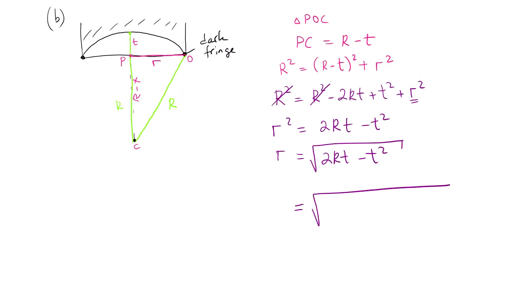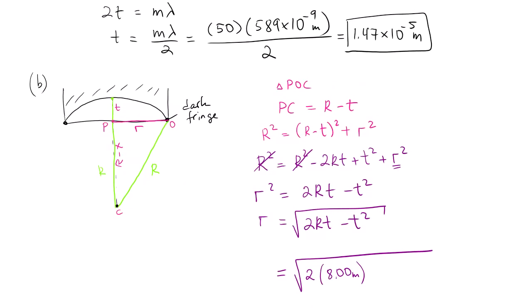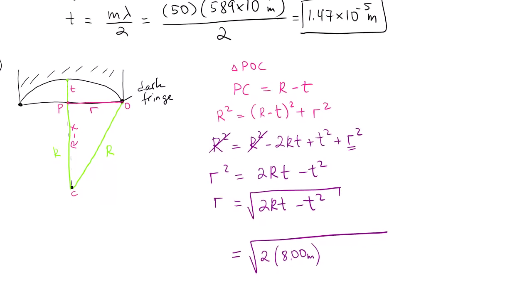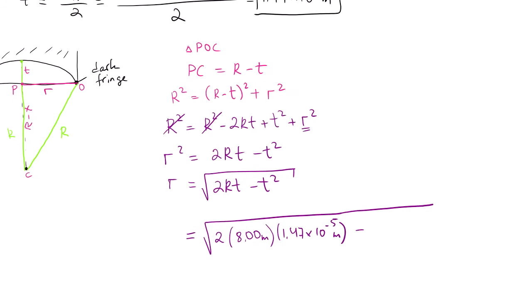I have 2 times 8.00 meters times T. We found it's 1.47 times 10 to the negative 5 meters, minus 1.47 times 10 to the negative 5 meters squared.